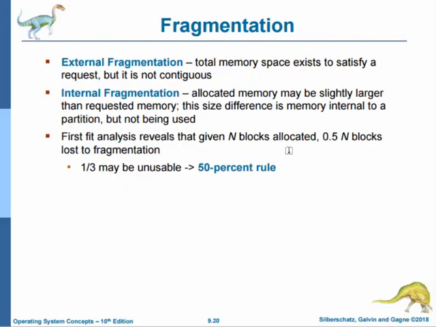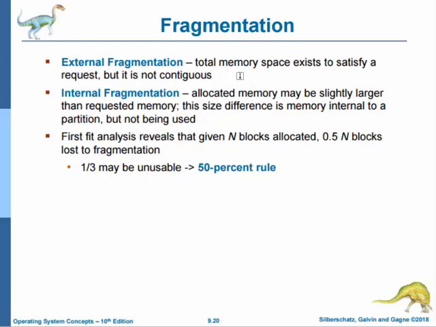Now, both the first fit and best fit strategies for memory allocation suffer from what we call external fragmentation. And what is this external fragmentation? As processes are loaded and removed from memory, the free memory space is broken into little pieces.